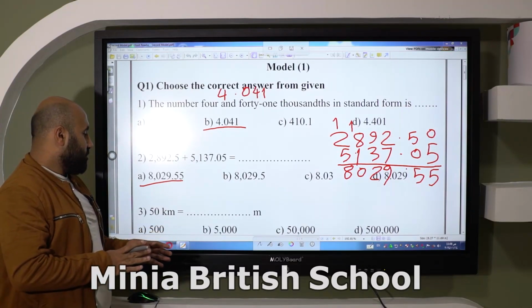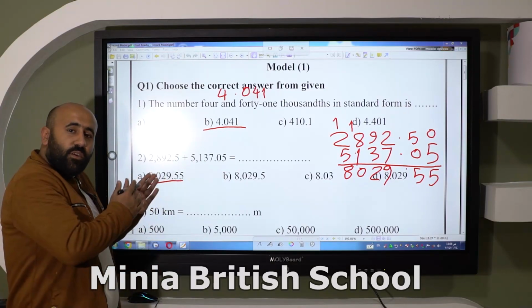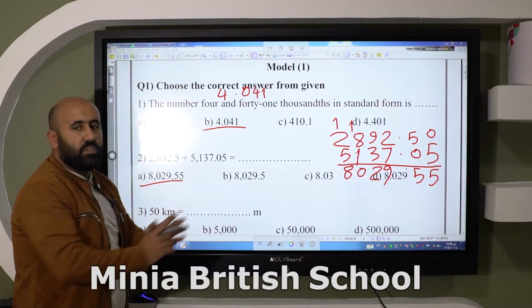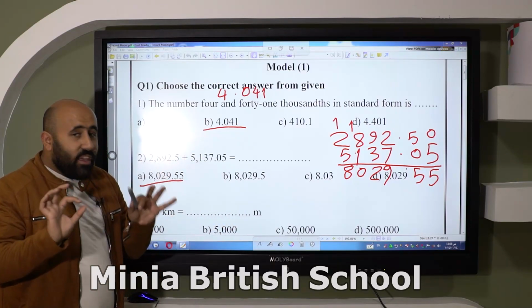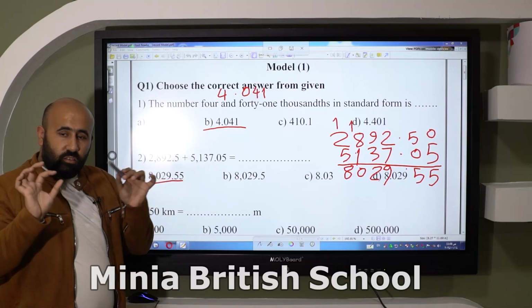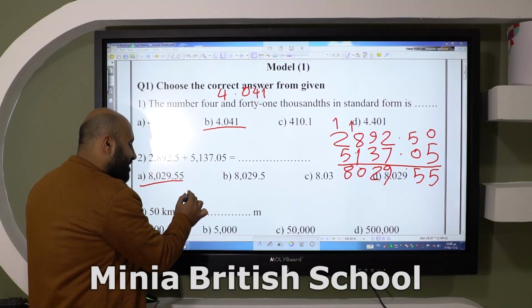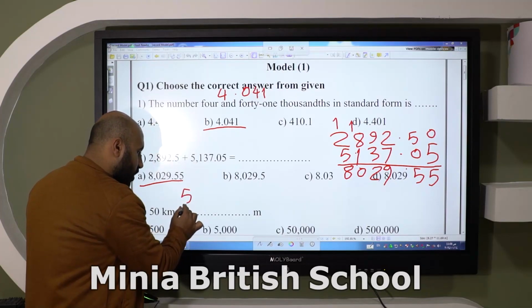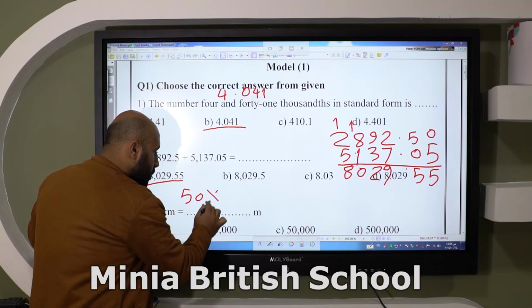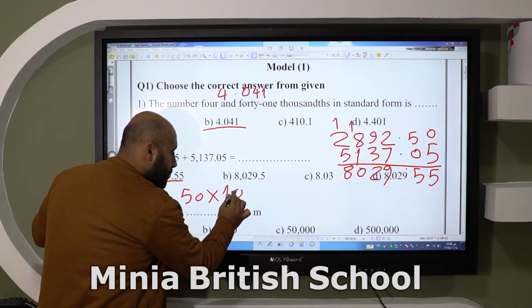50 kilometers. I wanted to convert it from 50 kilometers into meters. So if I want to make this converting, I'll have to multiply it by 1000.